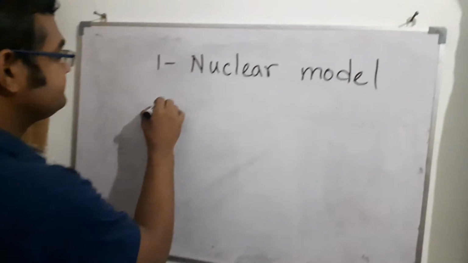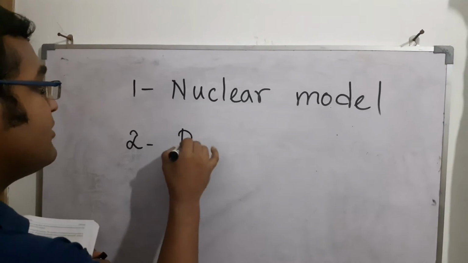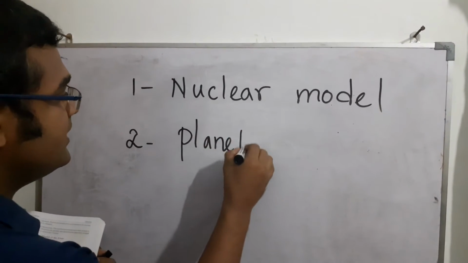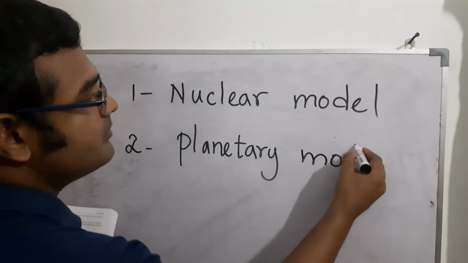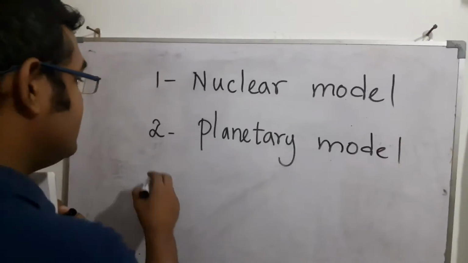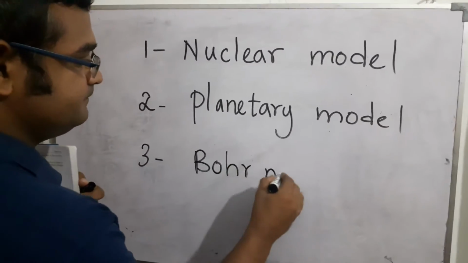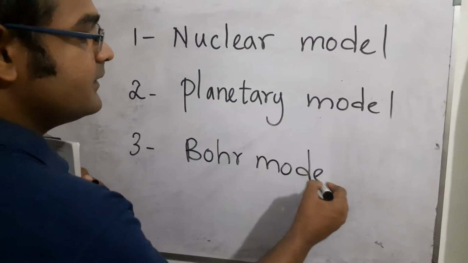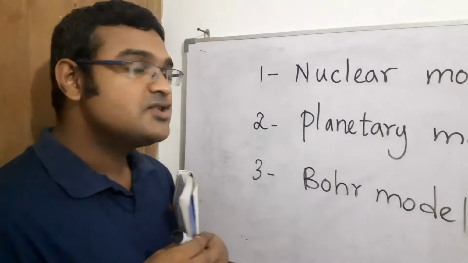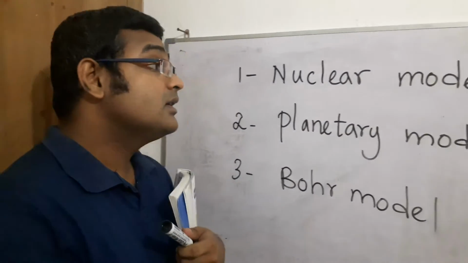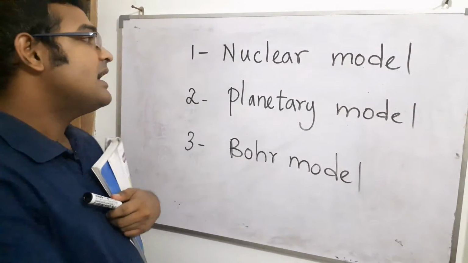Second one is the planetary model, even by Rutherford. Then the Bohr's model or Bohr model. These are the 3 models in this syllabus to describe how the subatomic particles are arranged in an atom.